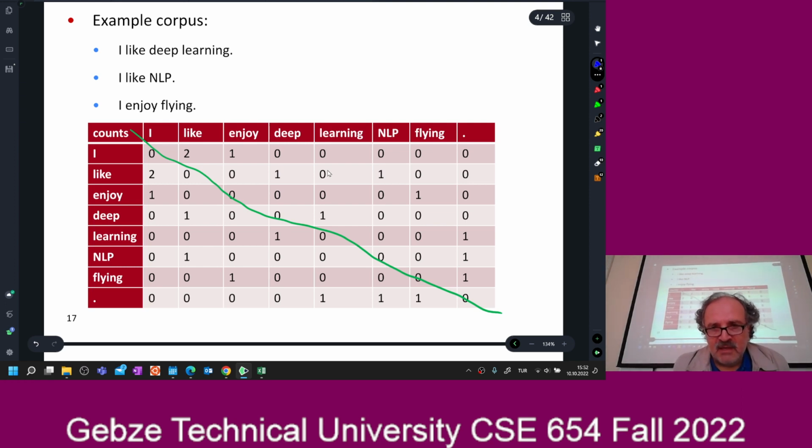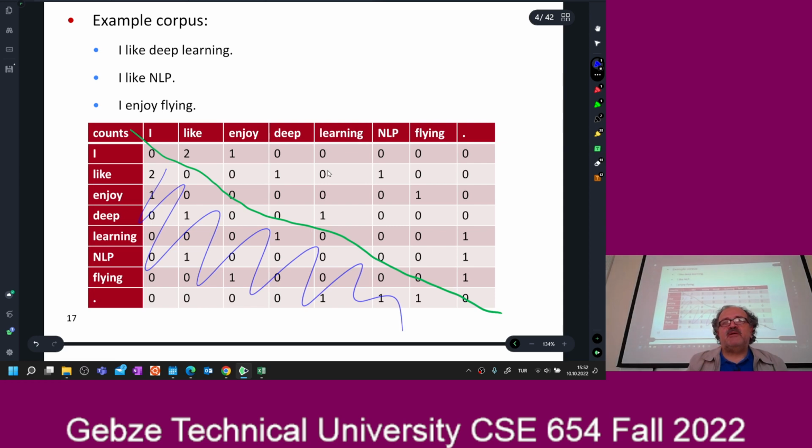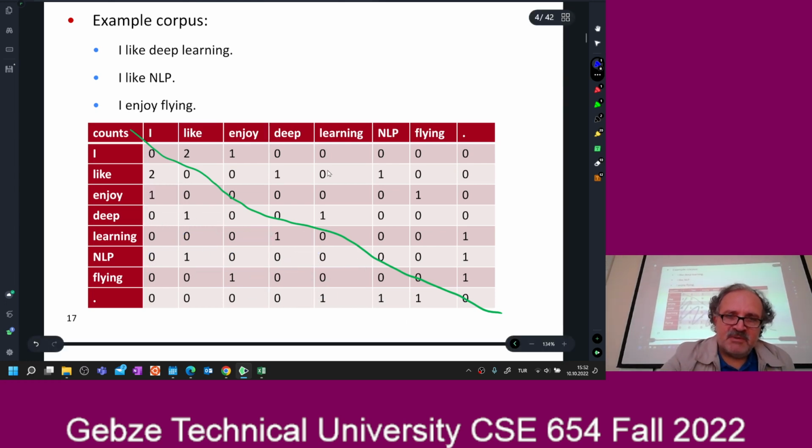And you know the idea, right? Is this symmetric? Yes. So let's ignore this part then, we can look at the upper part. Okay, let's not ignore this part.